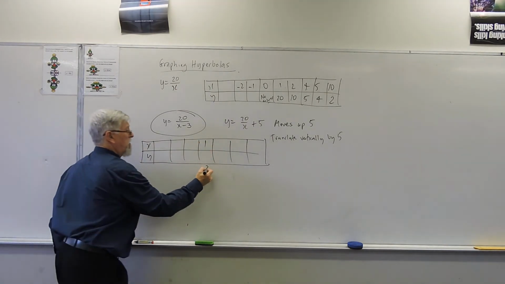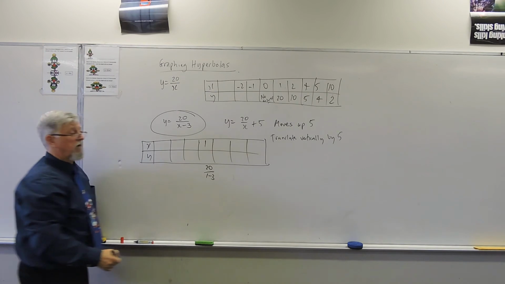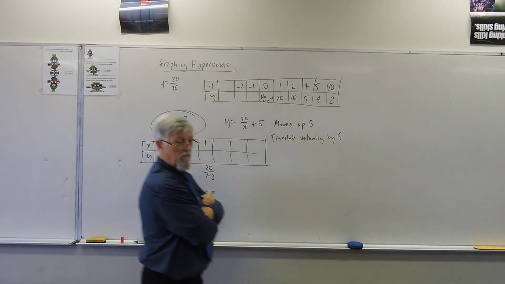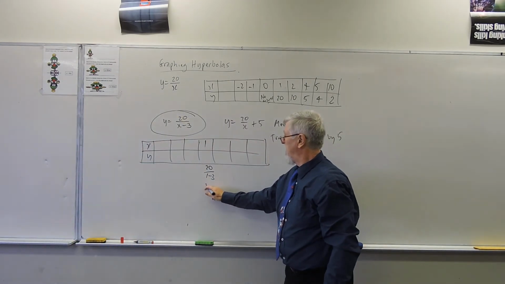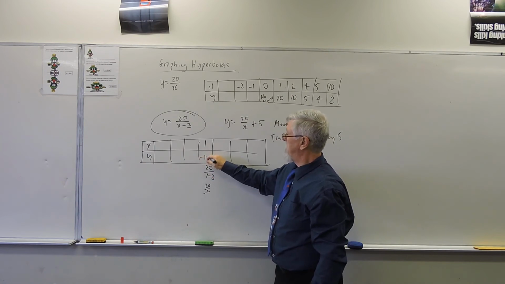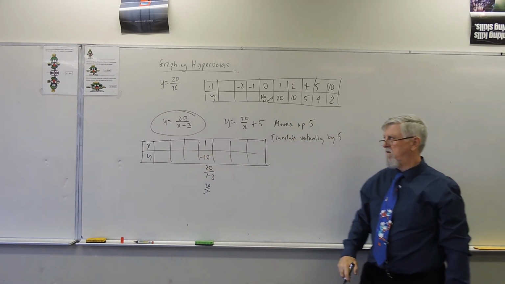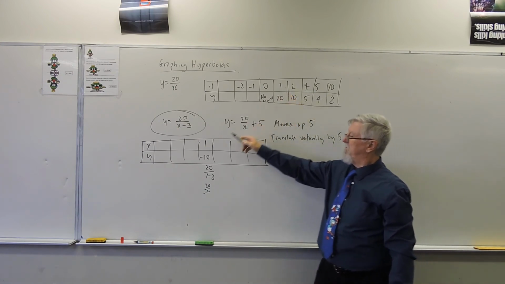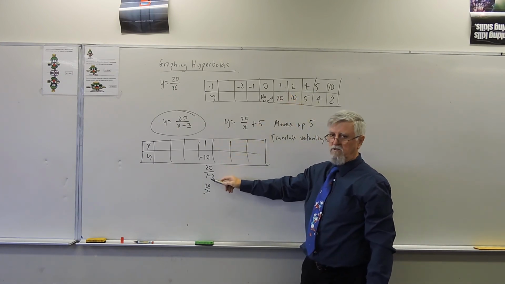I now have 20 on 1 minus 3, which is 20 on minus 2, which is minus 10. So over here 1 was a 20, but over here 1 was a minus 10.